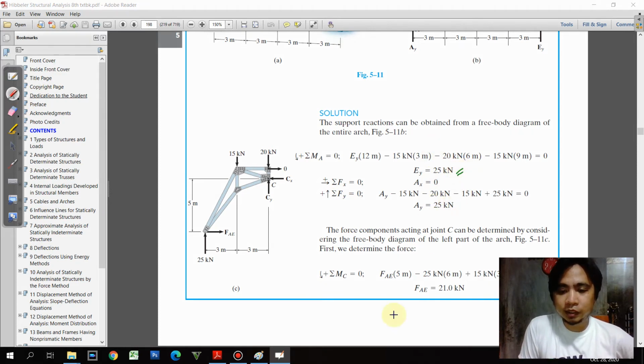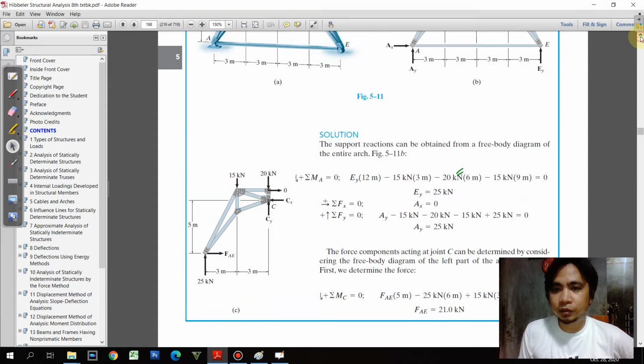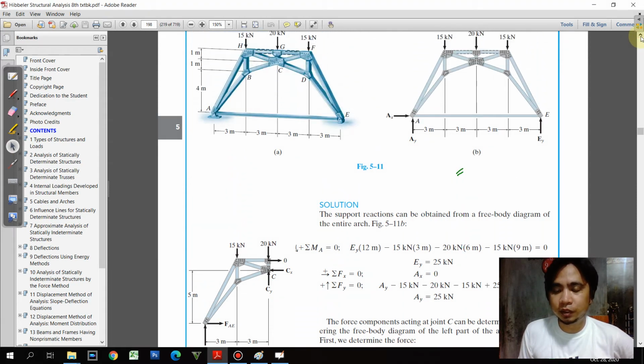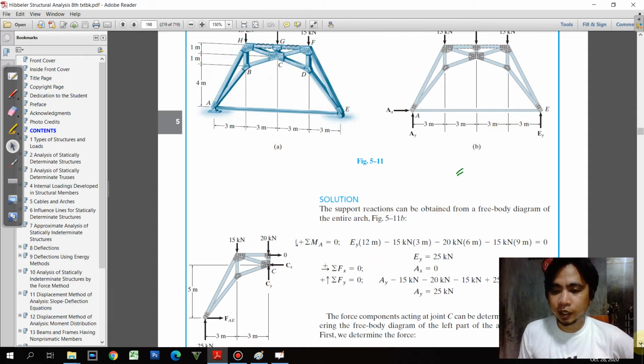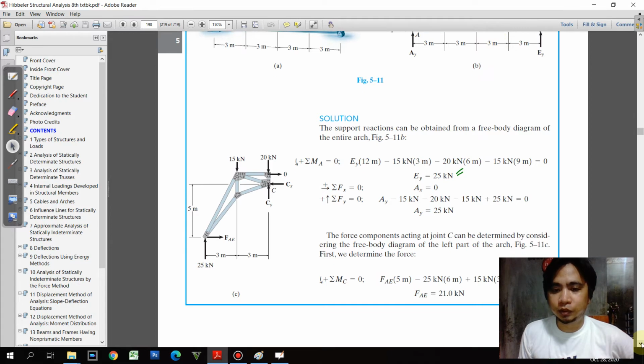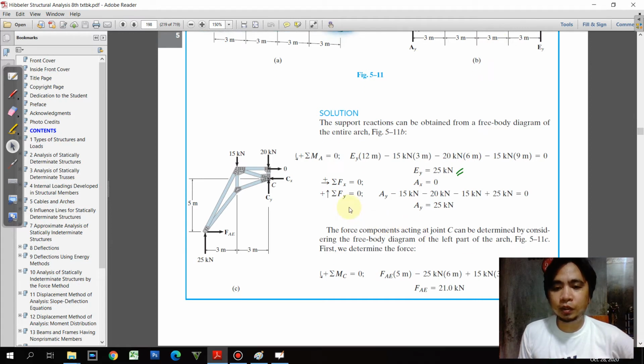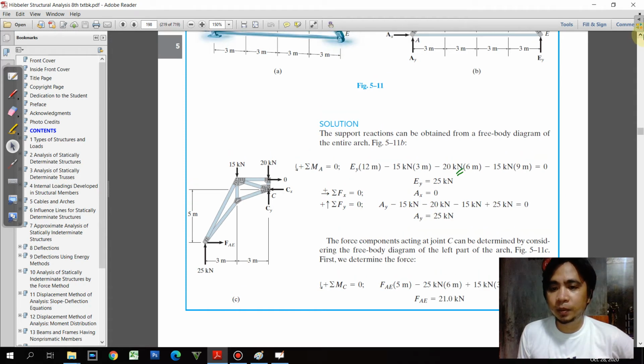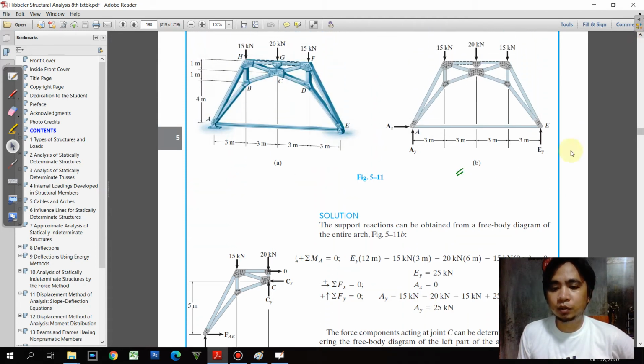And then AX here obviously would have no value because there is no horizontal force. Okay, so AX has no value. By summation of forces in X equal to 0. So we do the third equation, and as we can see, it will just yield to 25.